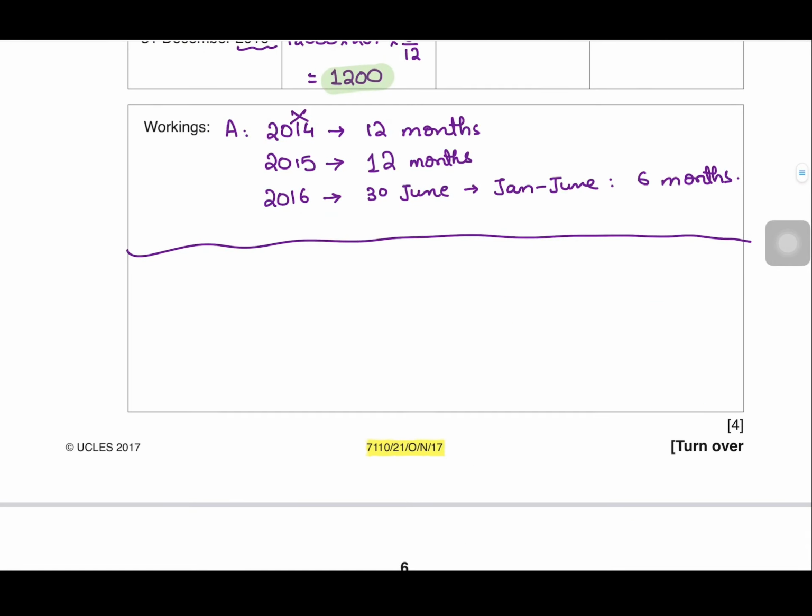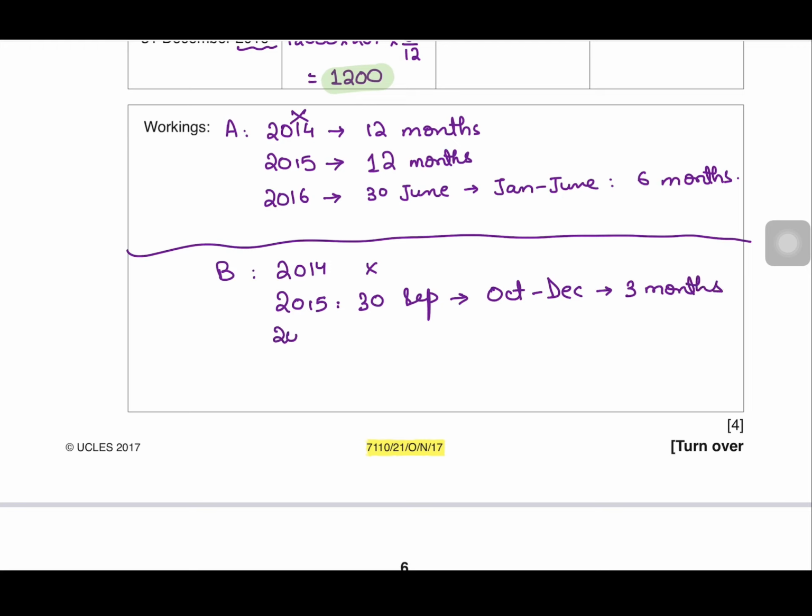Let's write that down as well. Machinery B, it was not there in 2014, it was there in 2015, but it was bought on 30th of September. So this means that it remained in 2015 for 3 months only, October till December.